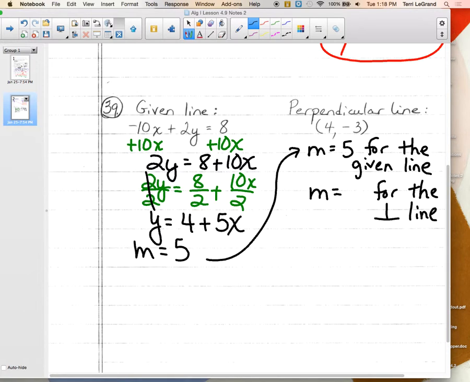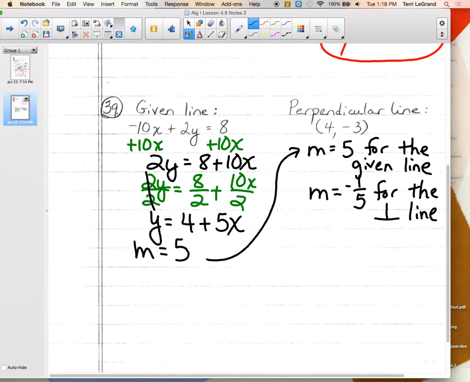Negative what? Not negative 5. Okay, negative 1/5. What's the reciprocal of 5? 1/5. What's the opposite of 1/5? Negative 1/5. So we have to have a slope of negative 1/5 for our perpendicular line.